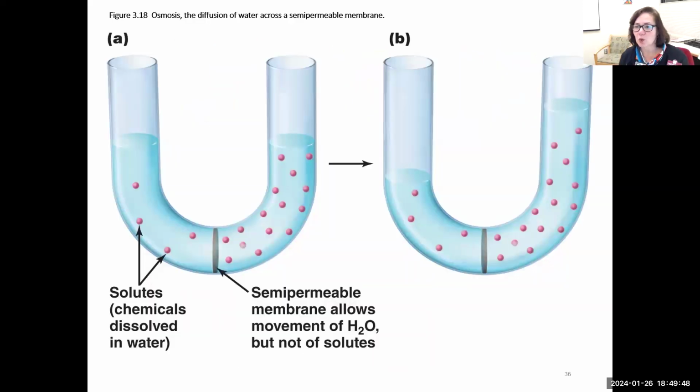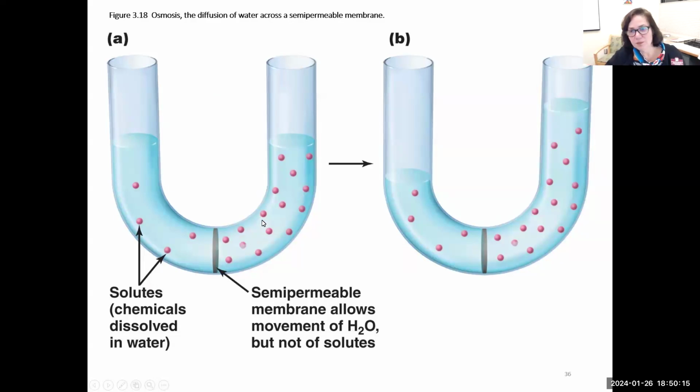Okay, a little bit more about osmosis, because this is sometimes a tricky principle to get. So this is a cartoon of a U-shaped tube. It's got water in it and this so-called semi-permeable membrane that can let water through, but can't let these red balls through.